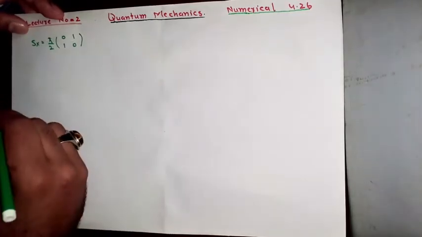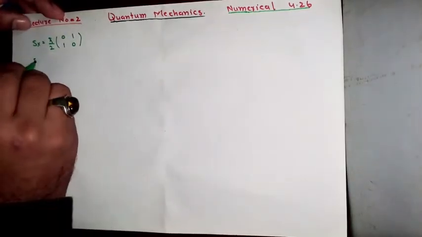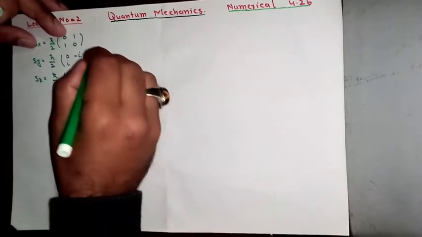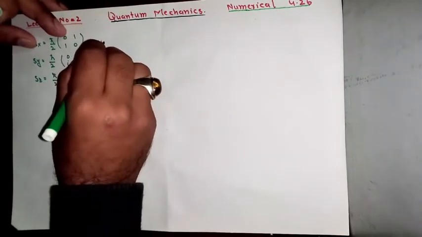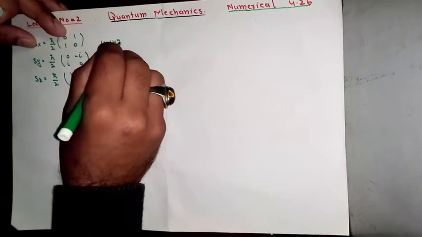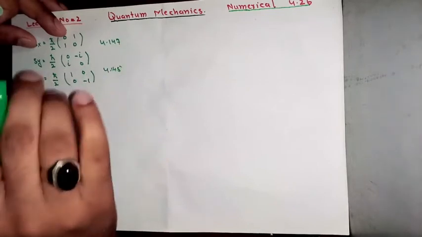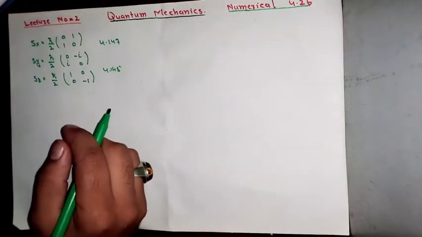This is for Sx. For Sy we already know the equation, 4.147 and 4.145. You have to check that after this video.